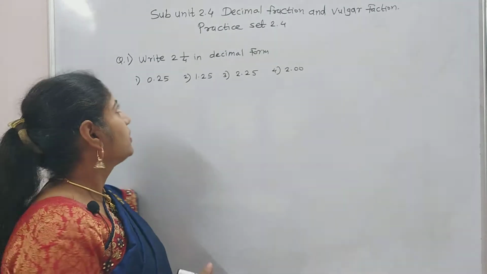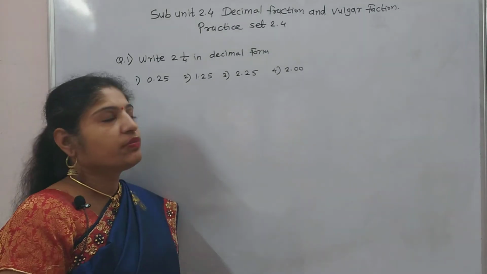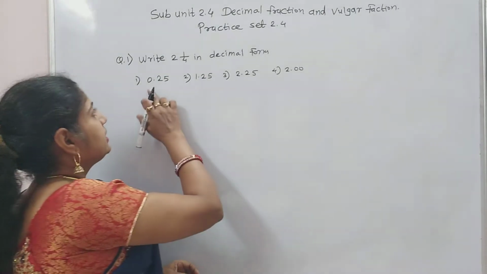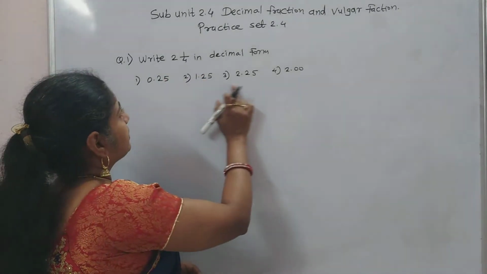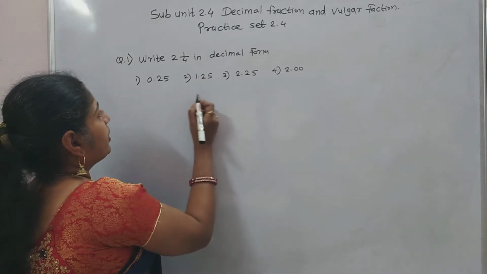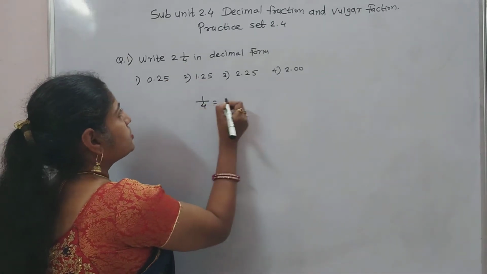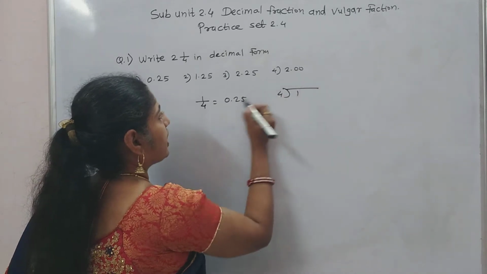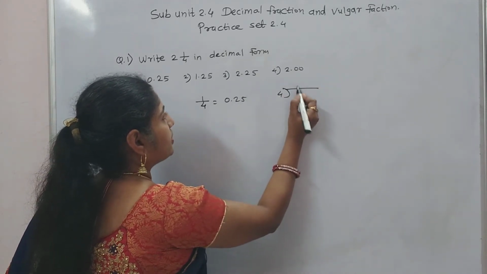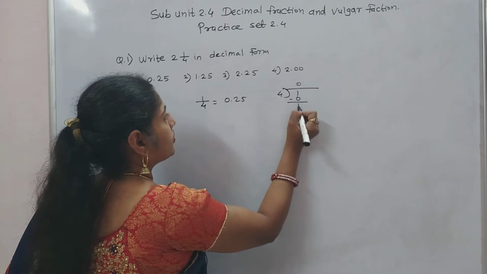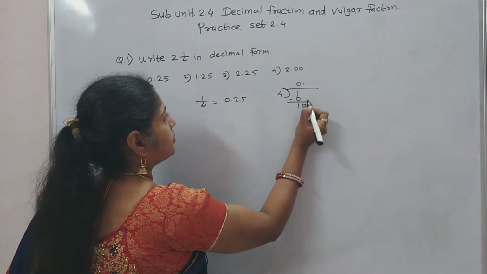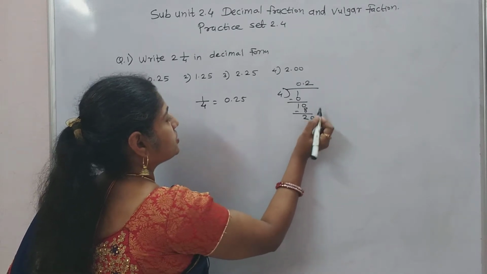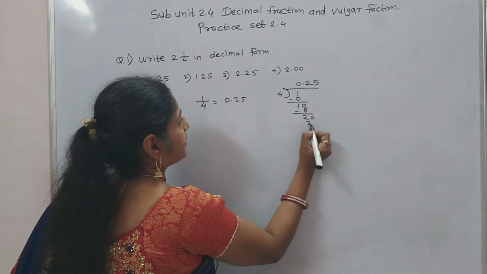Question number 1. Write 2 integer 1/4 in decimal form. We can easily calculate the answer. 1 upon 4 means 1 divided by 4. Decimal point, take a 0, 4 2s are 8, 2, take a 0, 4 5s are 20.